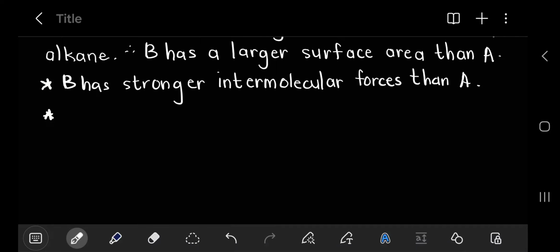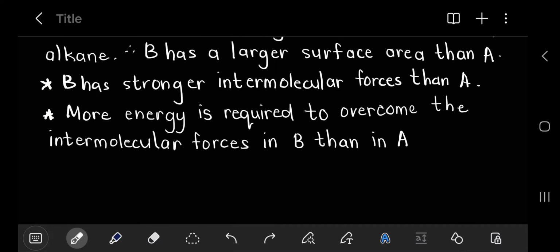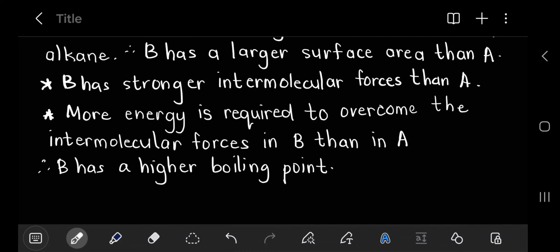We're now going to mention energy. So we say that more energy is required to overcome the intermolecular forces in compound B than in compound A. And now we can conclude, therefore, compound B has a higher boiling point.